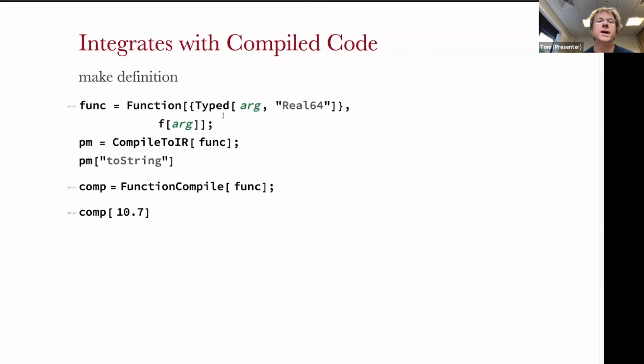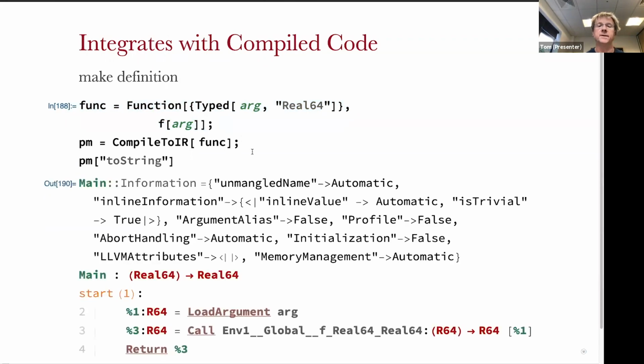So something that's quite nice is that if I have other compiled code, and the other compiled code might itself be embedded in a down value, then it makes use of this system. So this is accessible. And so now I've got a function, and it's calling the f that I just compiled.